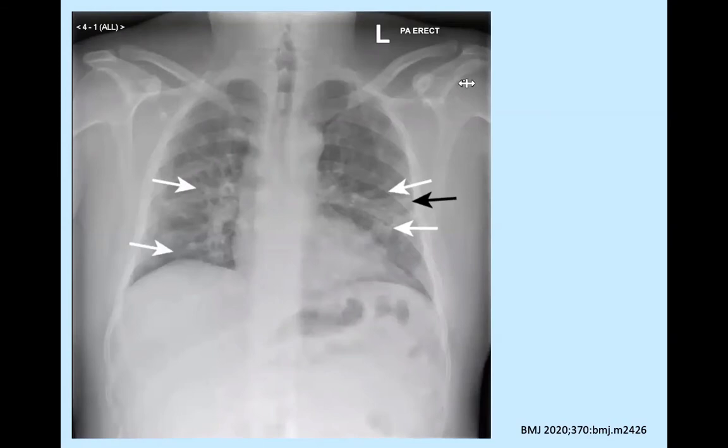So in terms of the chest X-ray, we recognize the bilateral infiltrates, which you can see arrowed on the X-ray. And it looks like someone's just simply taken a white crayon, or white pencil actually, and gently shaded in chunks of the X-ray.